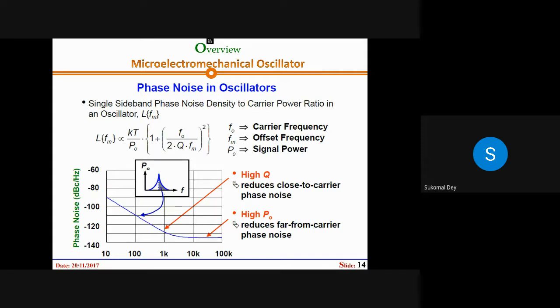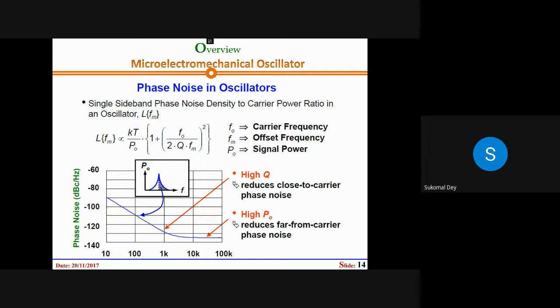If you look at the phase noise versus offset frequency, whenever you get a high quality factor, it can reduce the close-to-carrier phase noise. But if your amplifier gives a high output power, it substantially reduces the far-from-carrier phase noise. That is the way we define the oscillators.